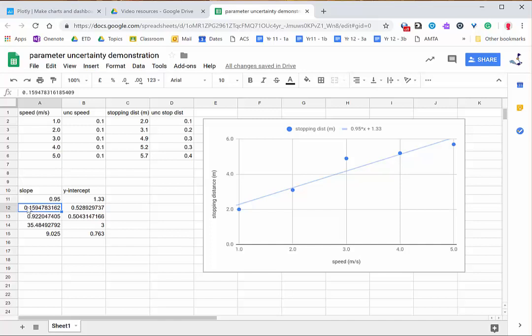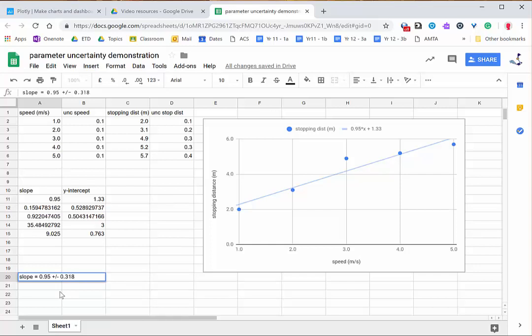So we can say with 95% confidence that the slope value lies within the range of twice this on either side of the slope. What that looks like is, I'll write that down here. Our slope value equals 0.95 plus or minus twice this value, which is 0.318.